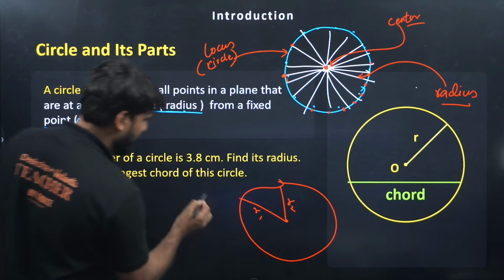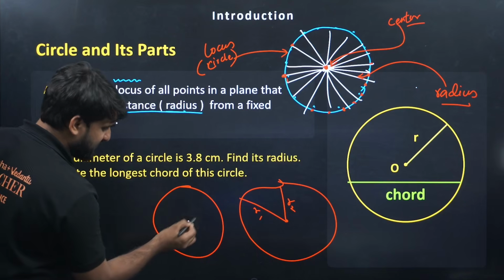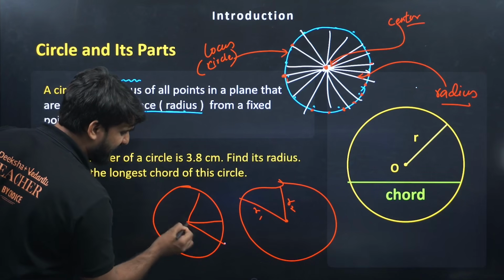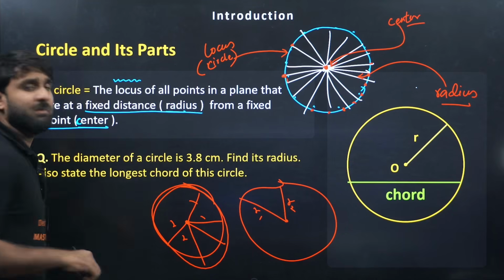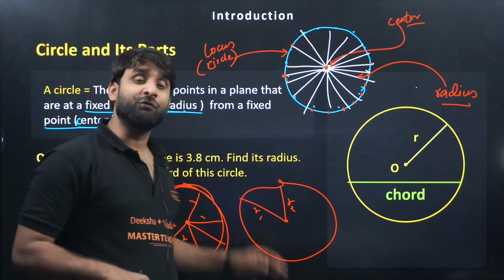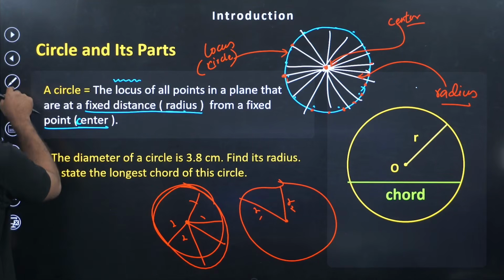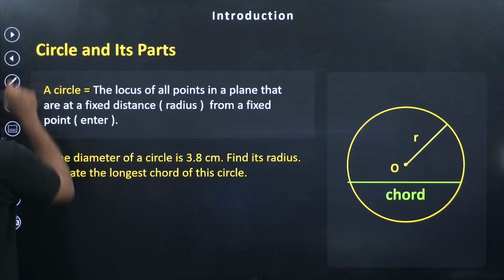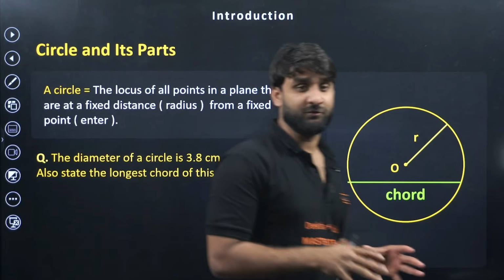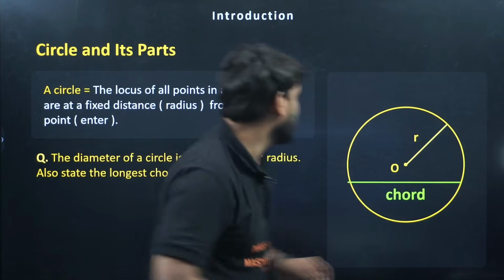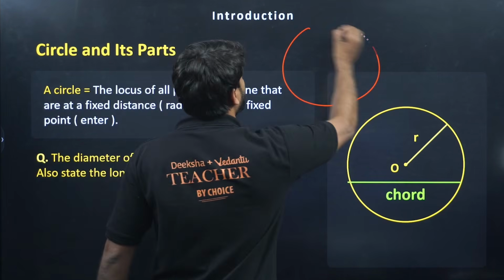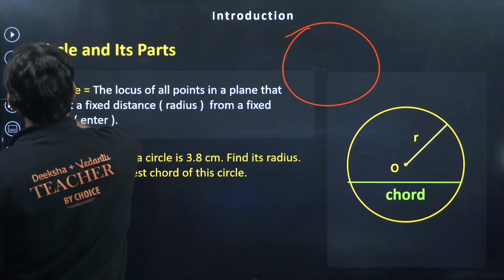But if it looked like this, where the distance in every direction from this fixed point is equal, R, then this locus becomes a circle. So for a circle, the condition is that the distance from the fixed point in every direction should be equal, right? So this is the circle basically.